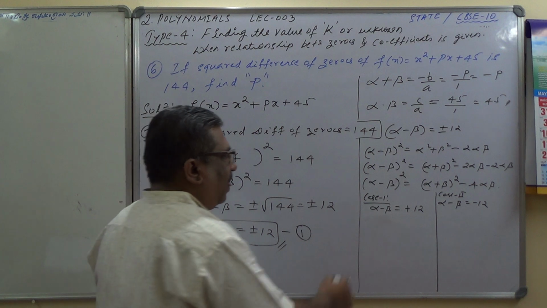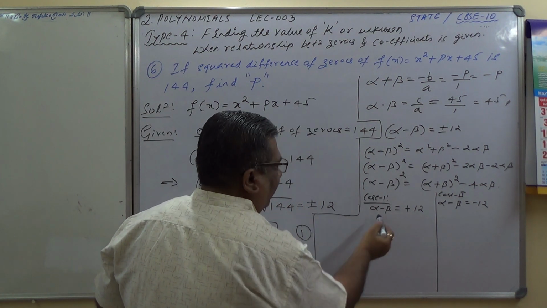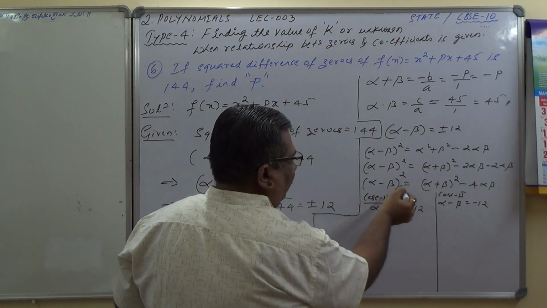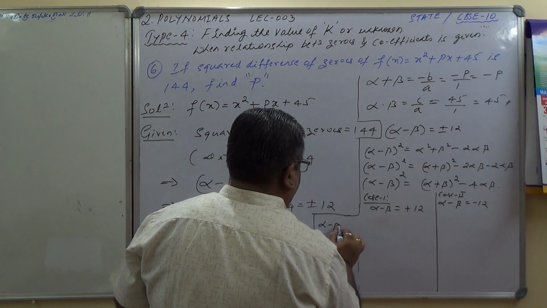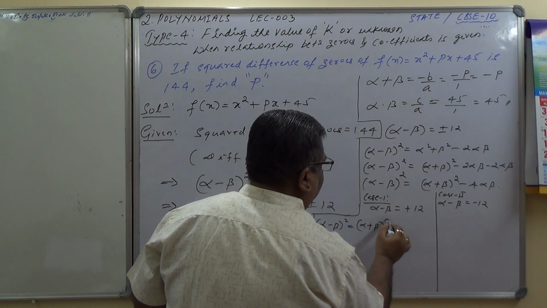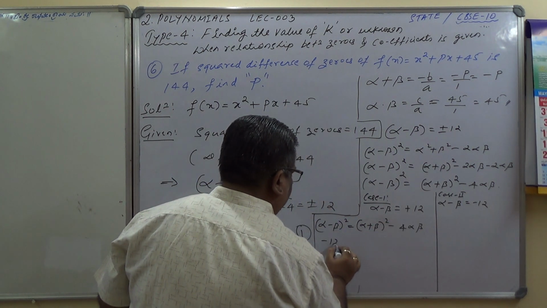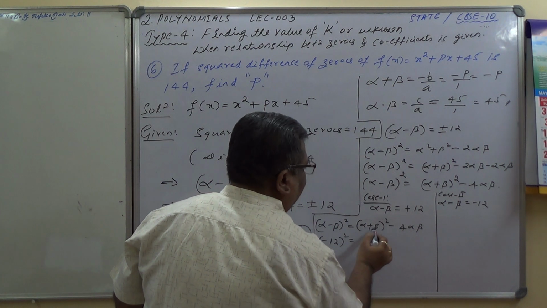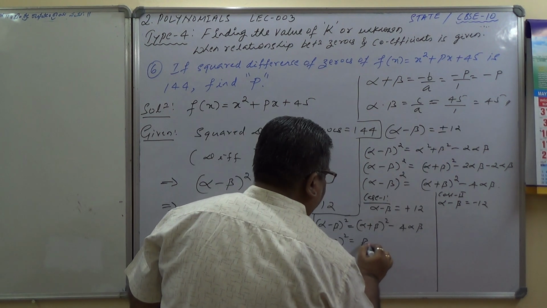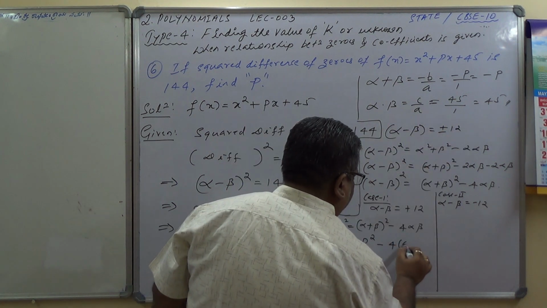Let me solve a little bit on this side. If alpha minus beta is plus 12, put this in the equation. Alpha minus beta the whole square equals alpha plus beta the whole square minus 4 times alpha beta. So 12 squared equals p squared, since alpha plus beta is minus p, minus 4 times alpha into beta, which is 45.